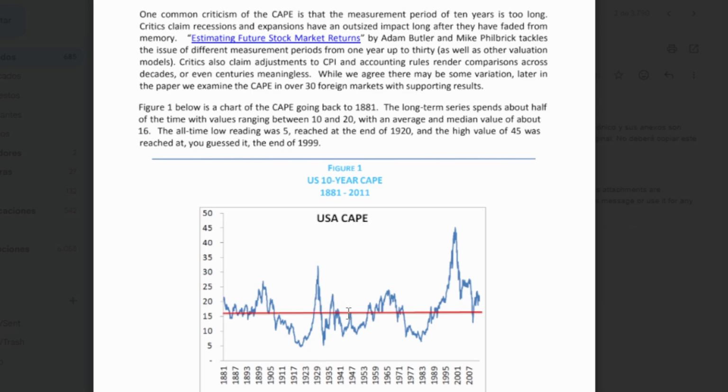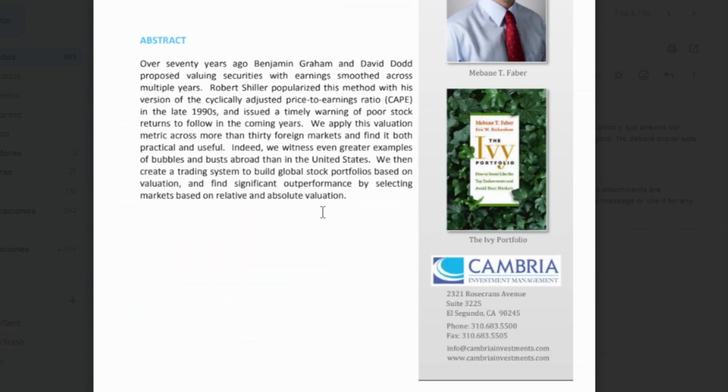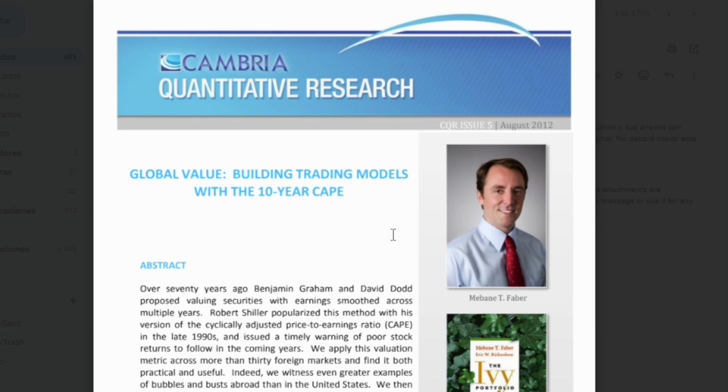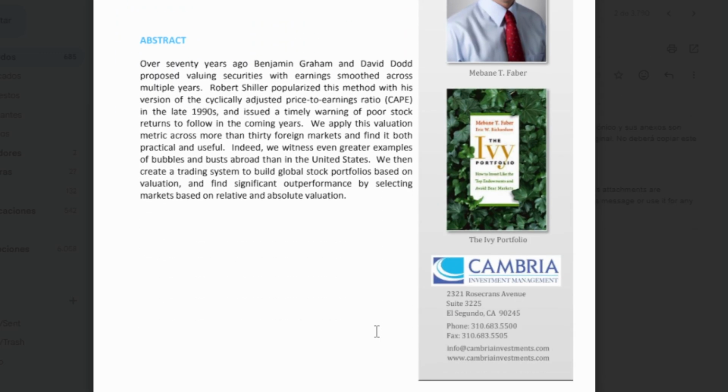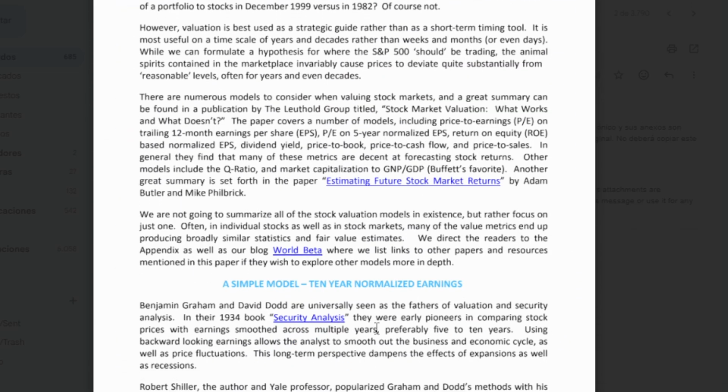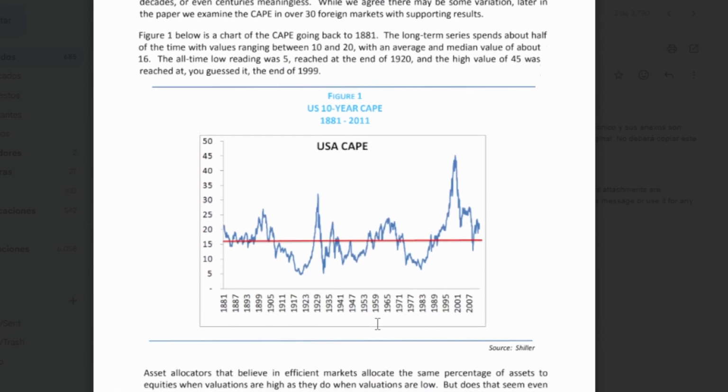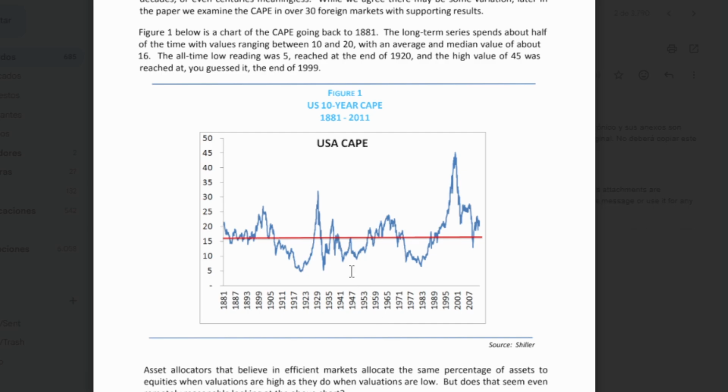Right now, let's go straight to this. By the way, we are going to read today this paper, which is quite an old one. It's from August 2012, but that's not an issue at all, because it's completely useful nowadays. So let's go to this graph, which shows you this cyclical adjusted price to earnings ratio, which goes from 0 to 50.